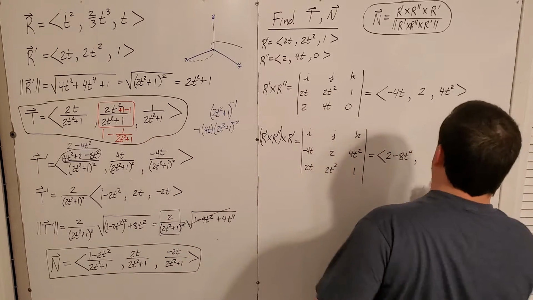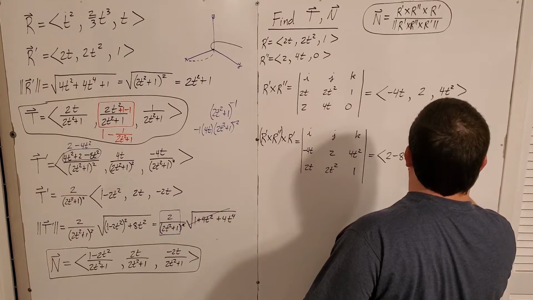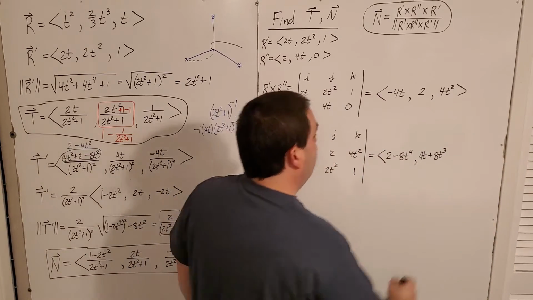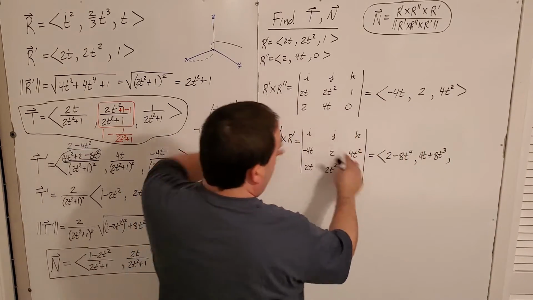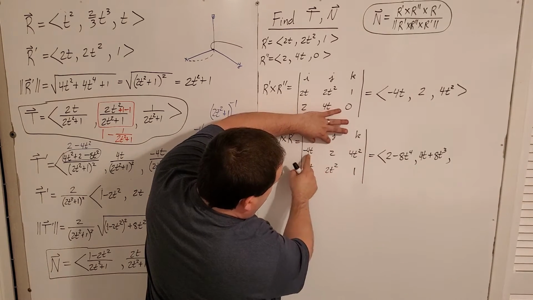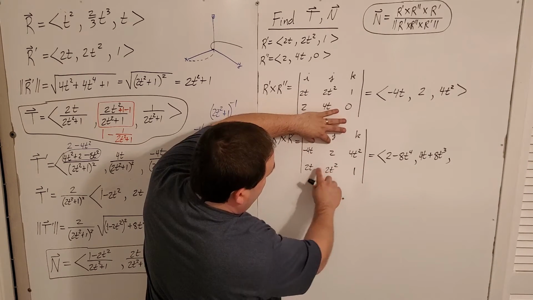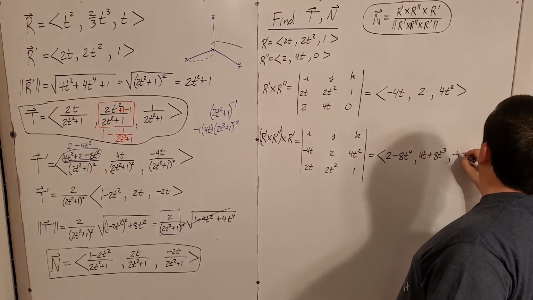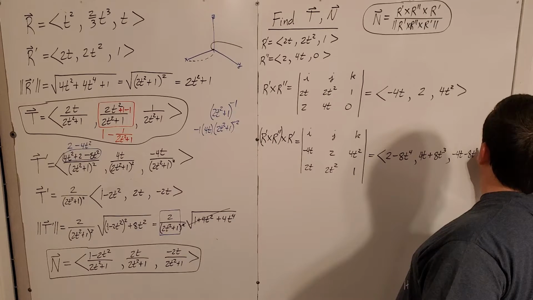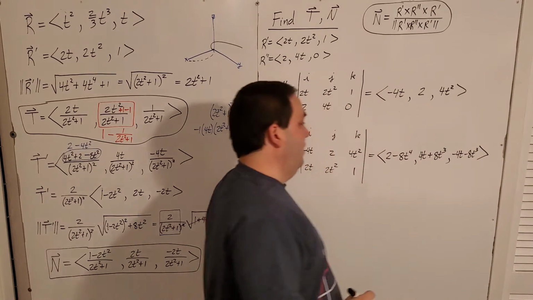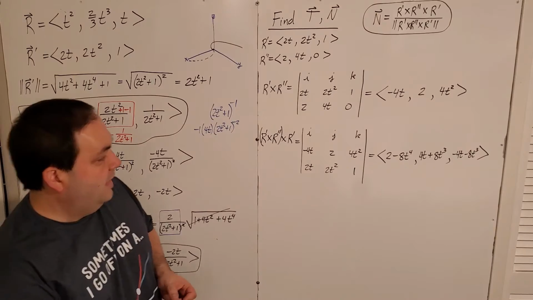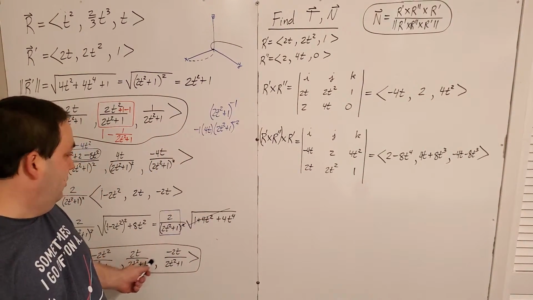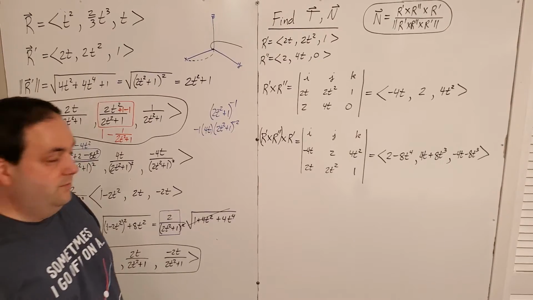So I'm going to have 4t plus 8t cubed. And then for the k, right here, I've got negative 8t cubed minus 4t. So I'll write it minus 4t minus 8t cubed so that you can see the similarity there in the last two. And that should give you a hint we're already on the right track, right? Because these two were very identical, just one negative and one positive.